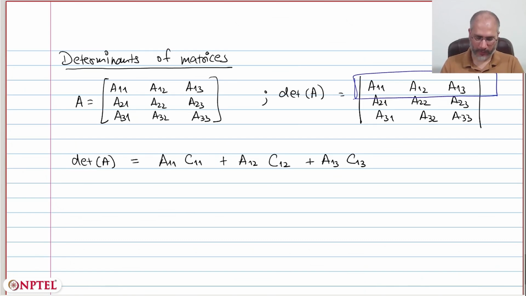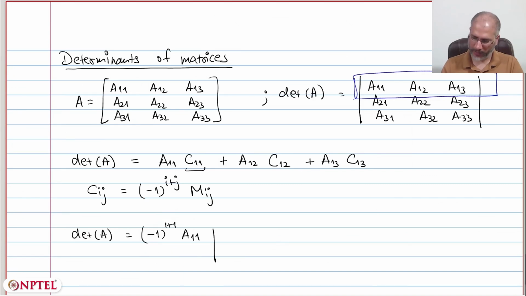So the cofactors, the i comma jth cofactor is given as minus 1 to the power of i plus j times the i comma jth minor of the matrix. So I'll just write the complete expression for the determinant. So this becomes minus 1 to the power of 1 plus 1, that's coming from C11, times A11 times M11. M11 actually is, if you're writing the first minor, you take this matrix, and if you're doing 1 1, then you block the first row and the first column.